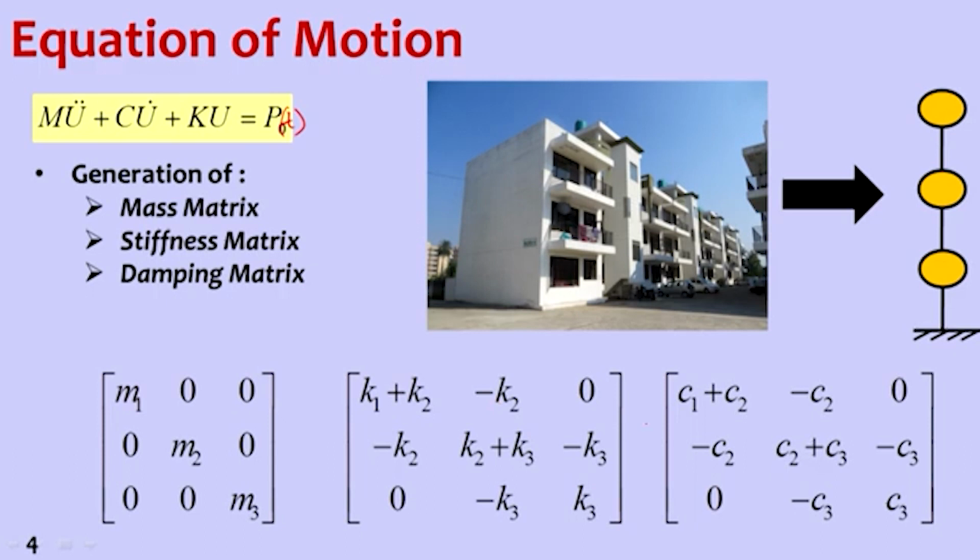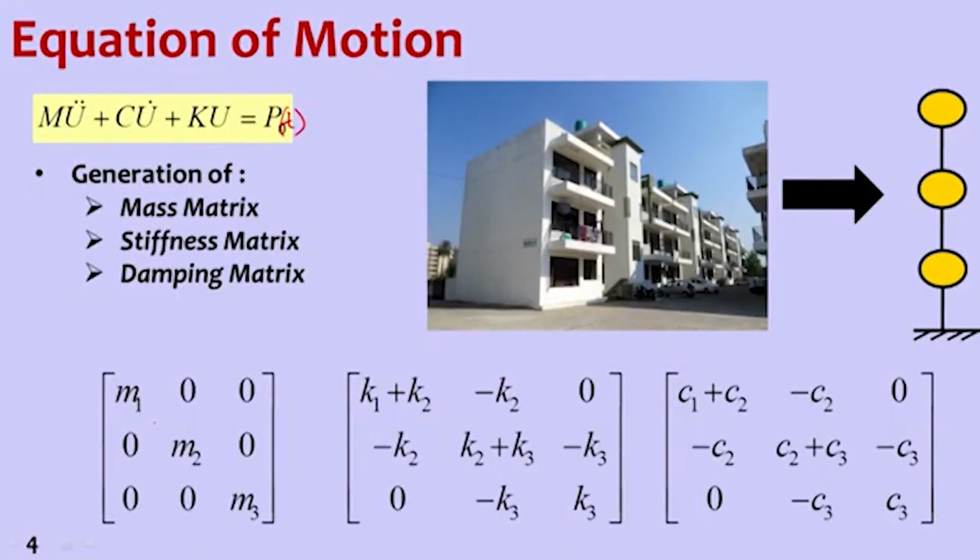We had already discussed that these matrices are positive definite. Positive definite means that if we take the determinant of these matrices, it will be more than 0, so a positive value will come. Now look at the mass matrix: the off-diagonal terms are 0.